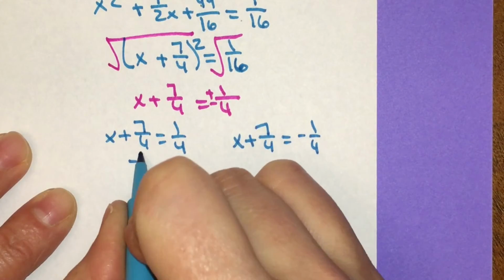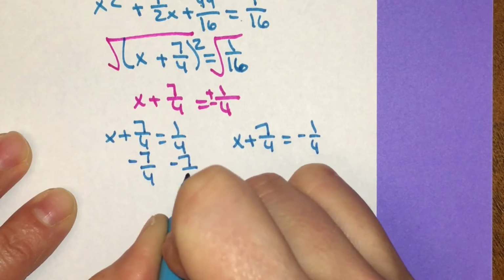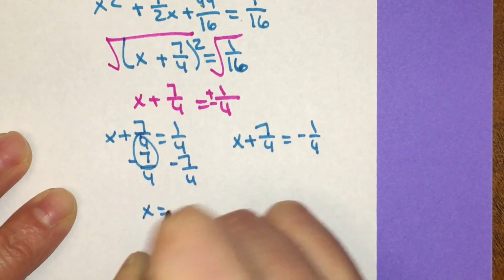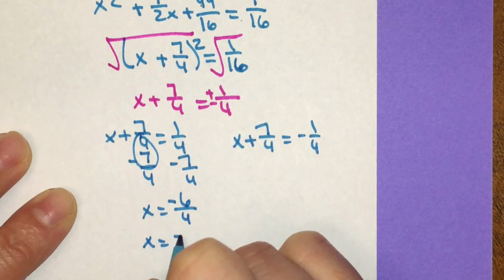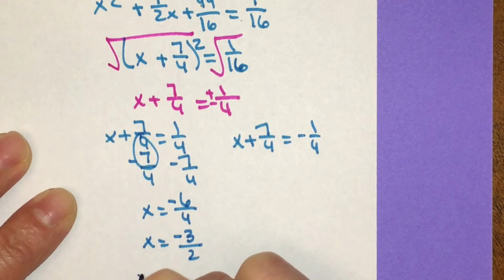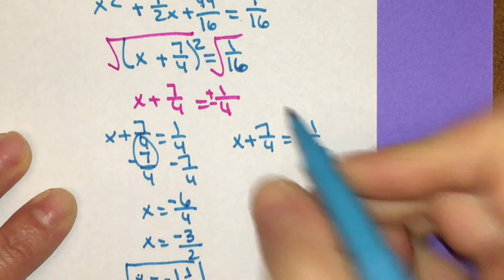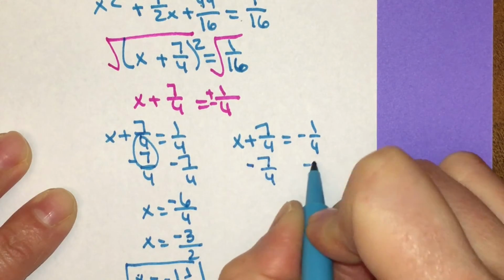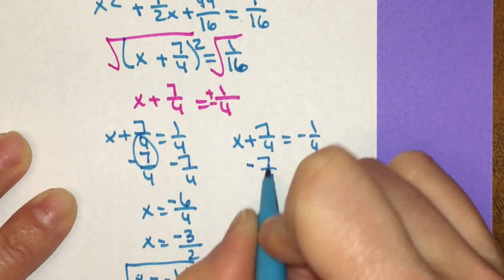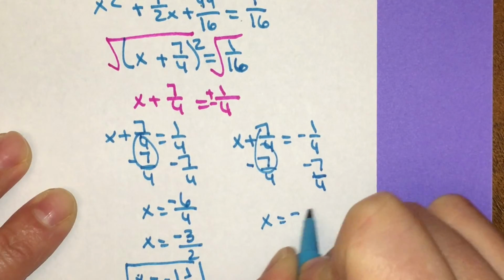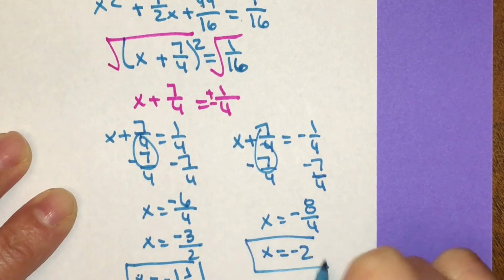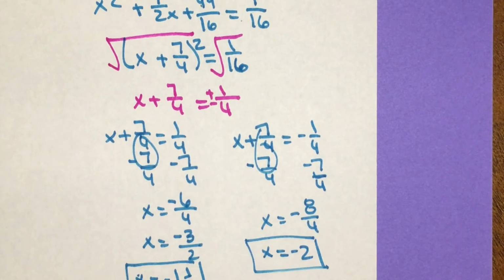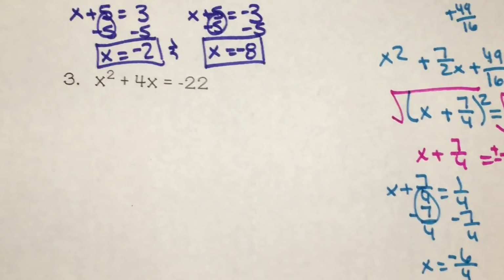So here we're going to subtract 7/4 from both sides, and we get x equals negative 6/4, which is negative 3/2. Okay, here subtract 7/4 from both sides, and we get x equals negative 8/4, which is the same thing as x equals negative 2. All right, one more problem, and then we're finished.